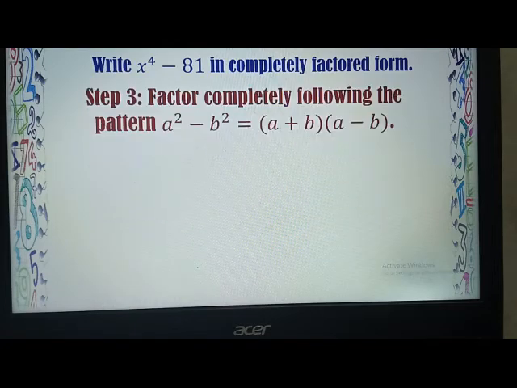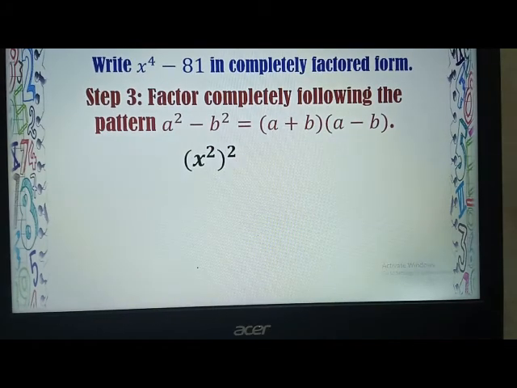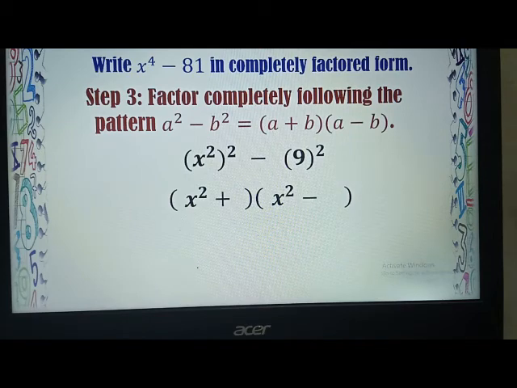Step 3. Factor completely following the pattern a squared minus b squared is equal to a plus b times a minus b. So from step 2, we have the square of x squared minus the square of 9. We will take the two binomial factors with the first term x squared, and then don't forget the plus and minus sign, and then the second term 9.